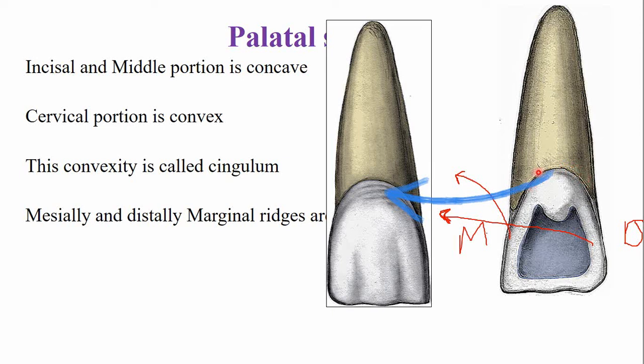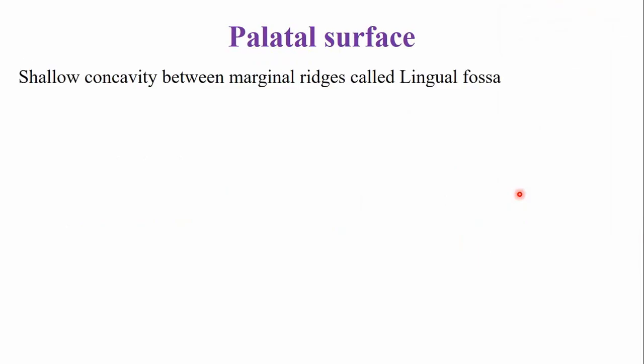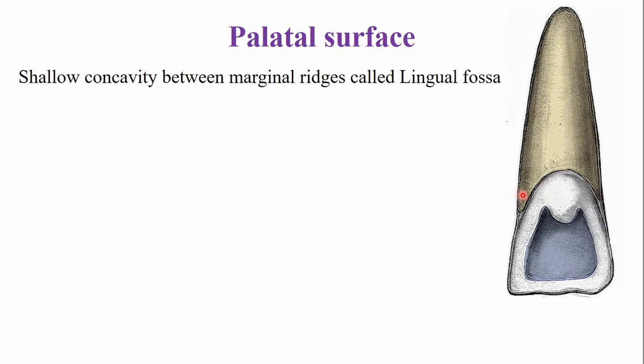From the palatal aspect, some additional features: there's a shallow concavity present between the mesial and the distal marginal ridges, and we call this the lingual fossa.